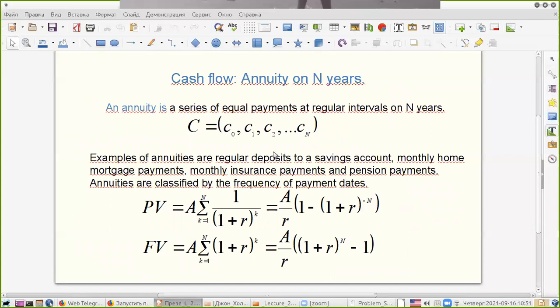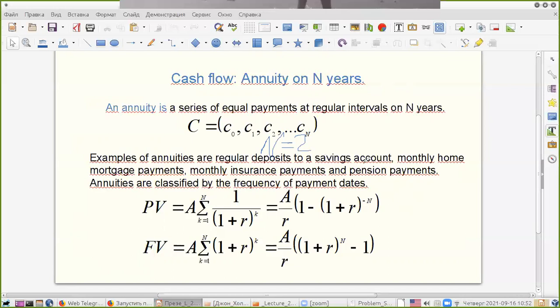And we would like to find the present value too. For example, we consider n equal to 2, so we would like to consider an annuity only on 2 years.